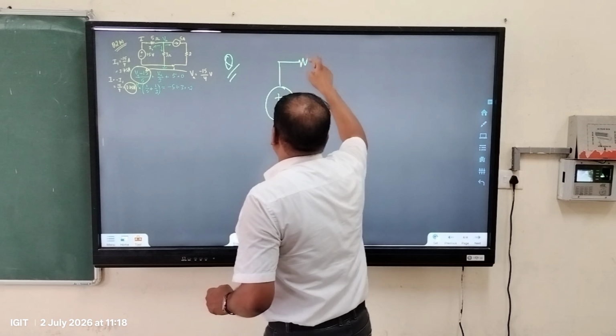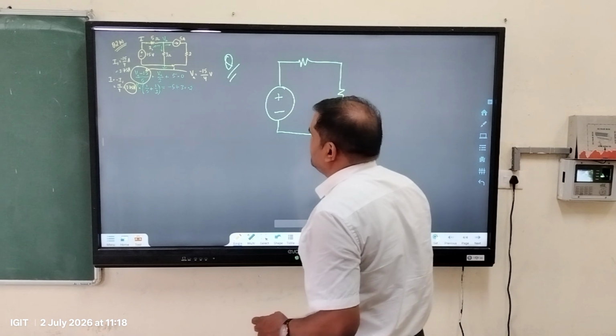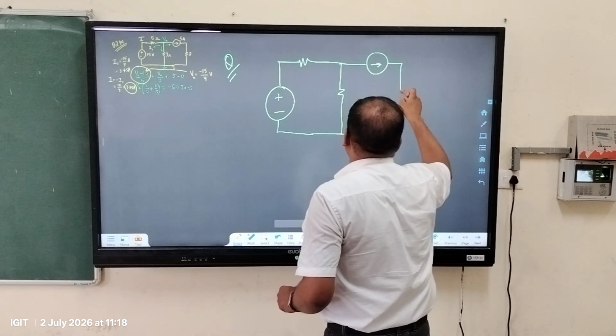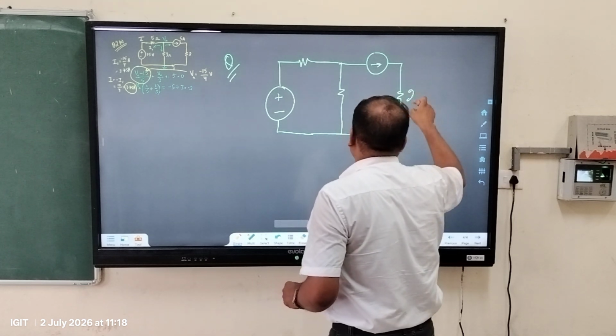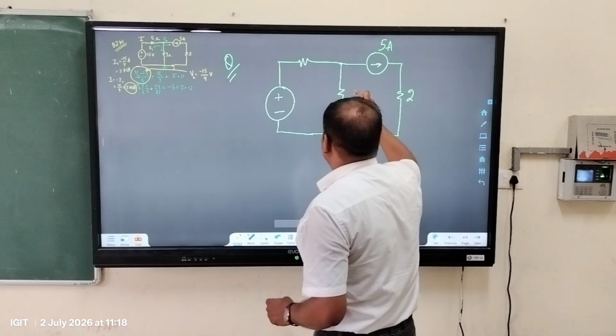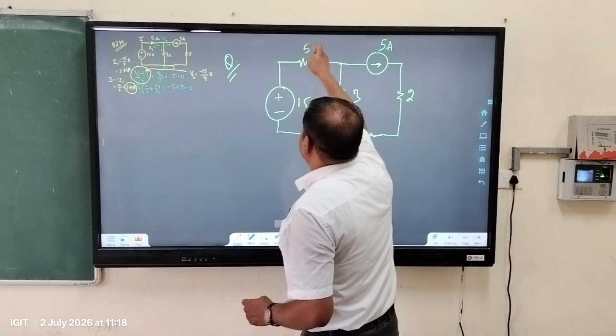Then there is a resistor, here also a resistor. Here you have a current source. Then you have two resistors over here, 1 and 2. And here it is 5 ampere. Here you have 3, this is 15 and this is 5.